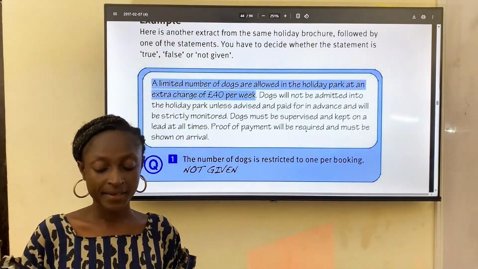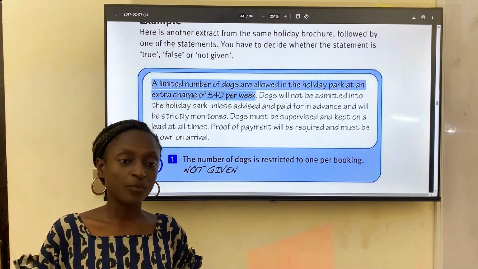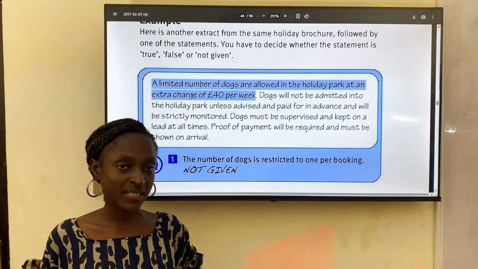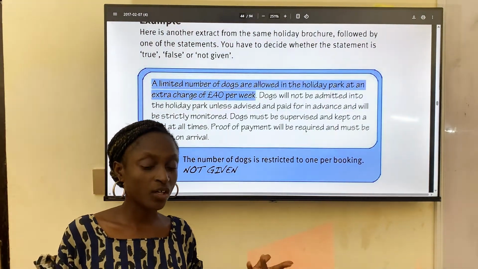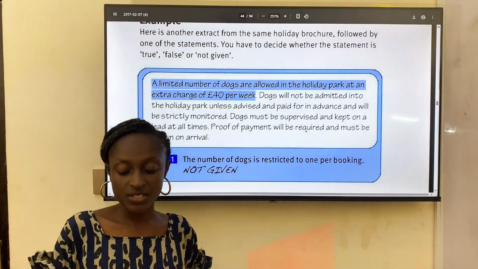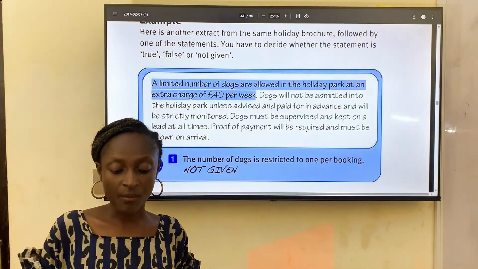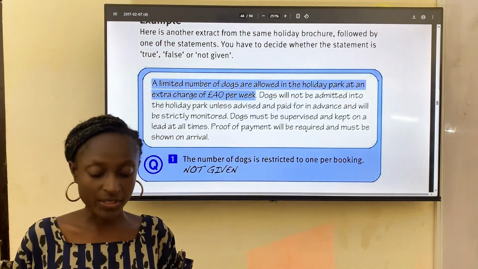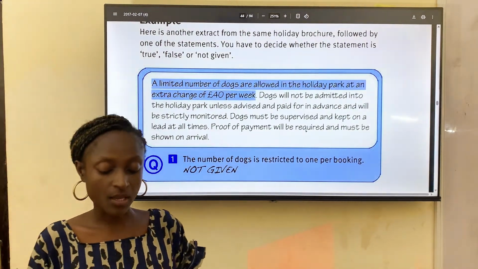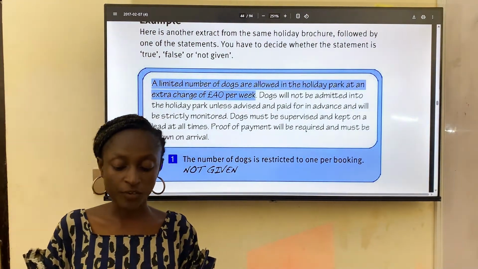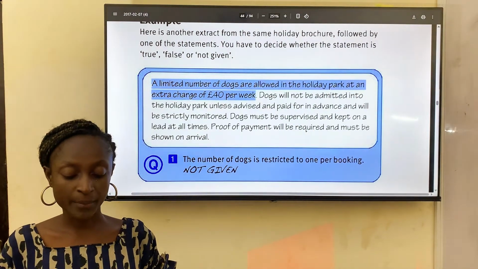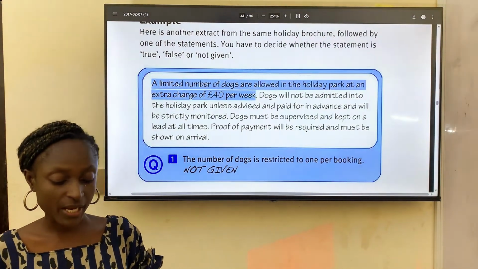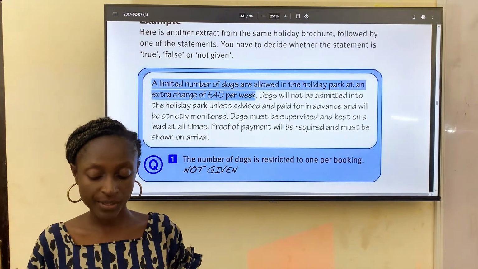Welcome back. So now let's look at an example of a not given answer. I'm going to read another extract from the same holiday brochure. It says, a limited number of dogs are allowed in the holiday park at an extra charge of £40 per week.